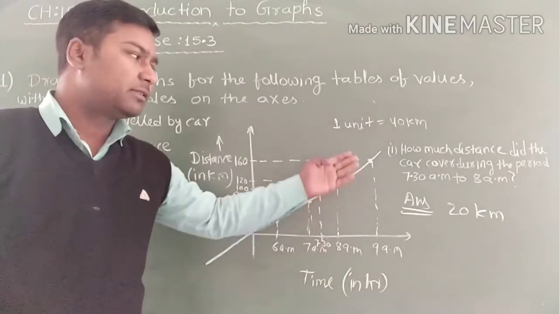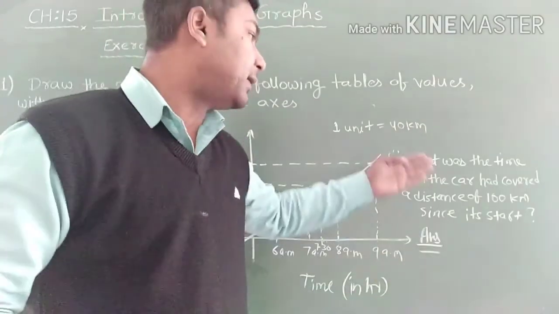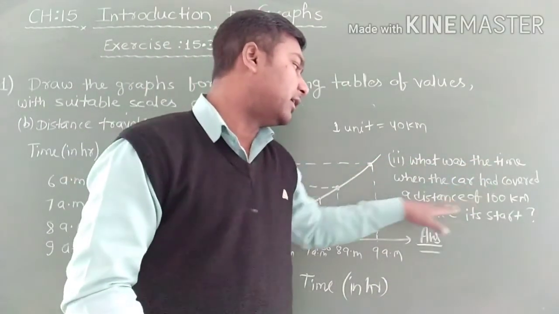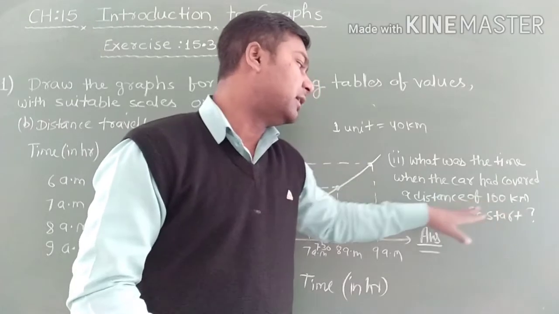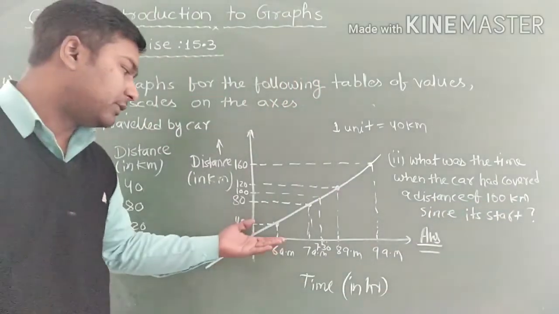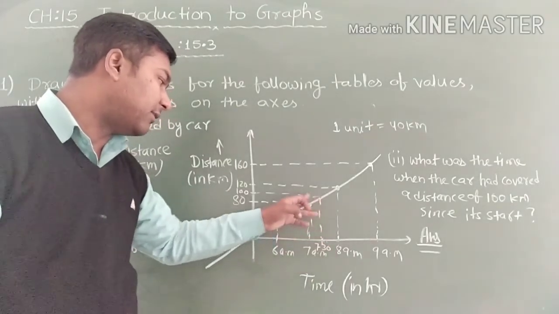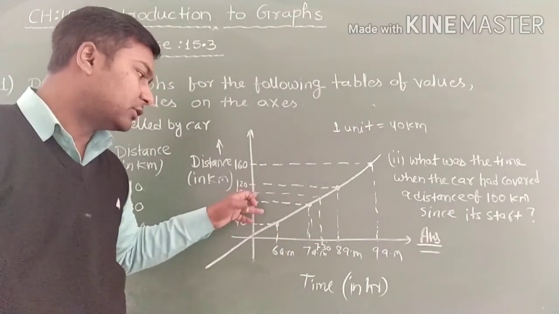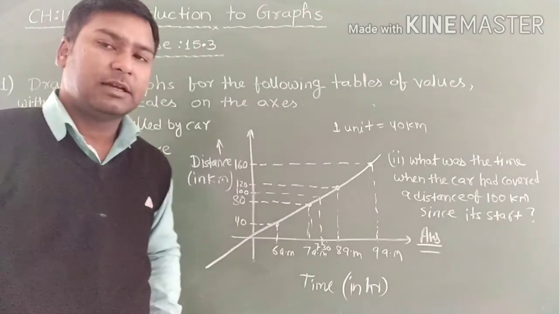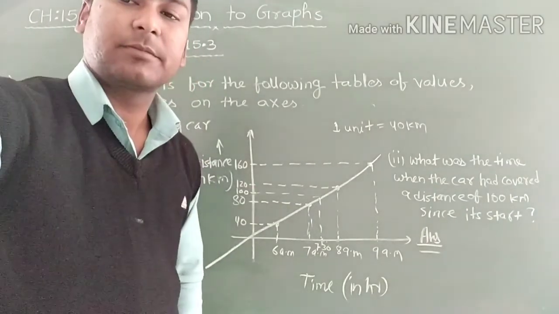Now next one, second question. Second part, second question: What was the time when the car had covered a distance of 100 km since its start? So we know, you can see here clearly, at 7:30 the car will have traveled 100 km.